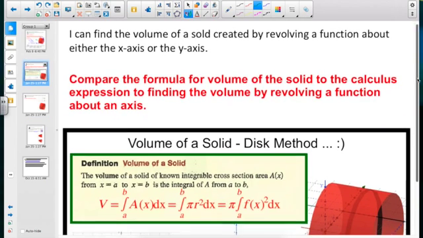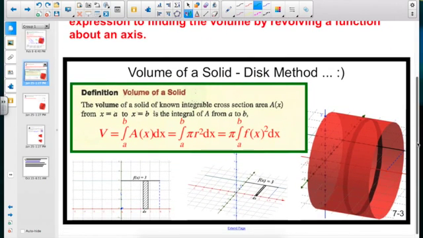If we talk about finding the volume of a solid, what we do is we take, in this case, that surface, that round surface ends up just being a straight line.